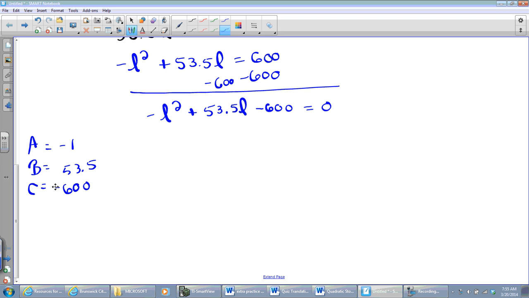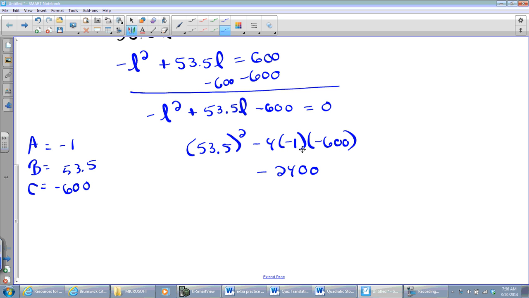Now, I could check the discriminant to see if there are solutions. I mean, that would make sense. That's what I've been doing. So I got to do the discriminant anyway. So I'll go to 53.5 squared minus 4 times A times C, right? And so that's going to be a negative, and 2400. I'm not sure what 53.5 squared is, so I will check.